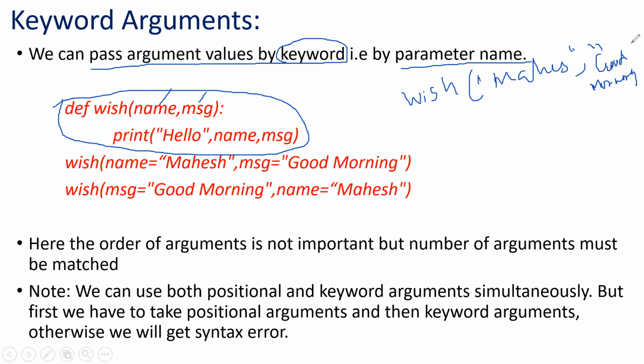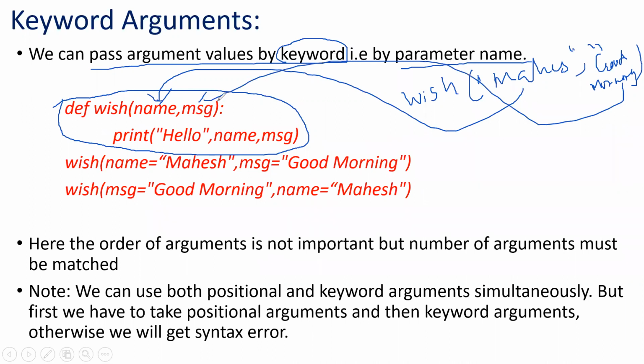We are passing direct values. That's positional arguments or the positional parameters. Now, what happens is this position will be assigned to this one, and this value is assigned to this one. So name, message. So hello, Mahesh, good morning.